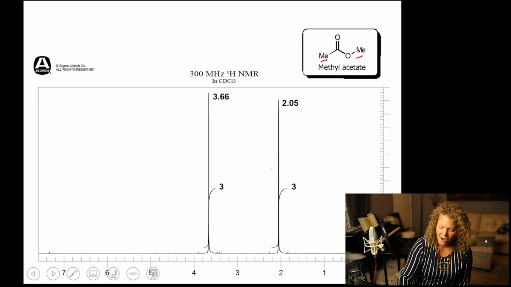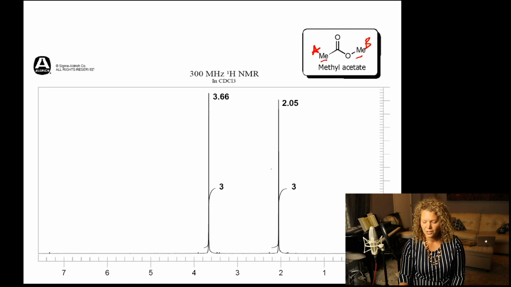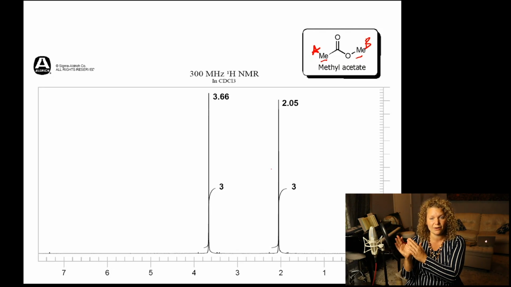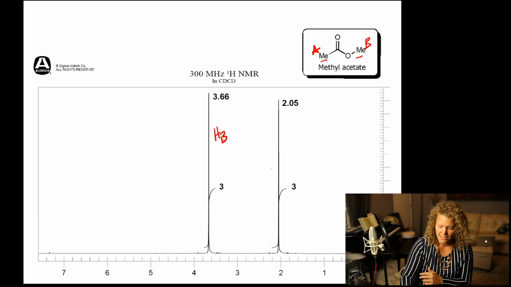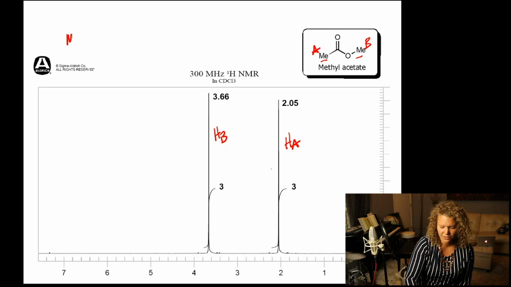So in this case, let's label the methyl here A, and the hydrogens here B. Our OMe group, we know, is shifted the most downfield, so this will be HB. This will be HA.